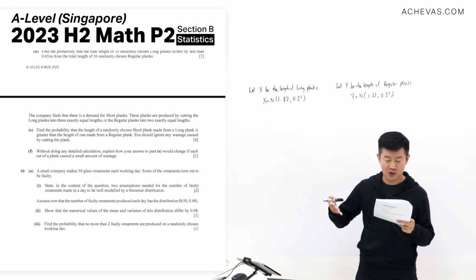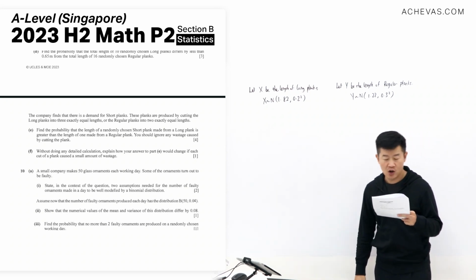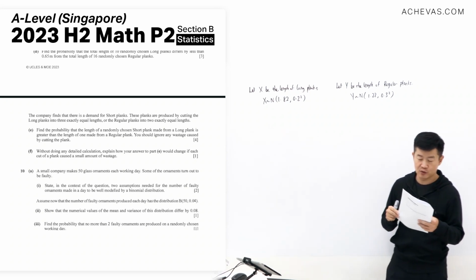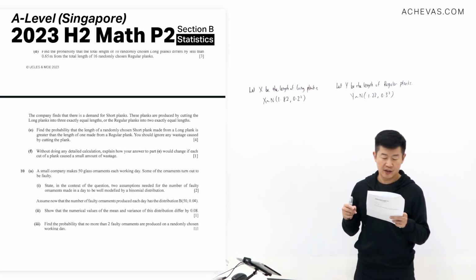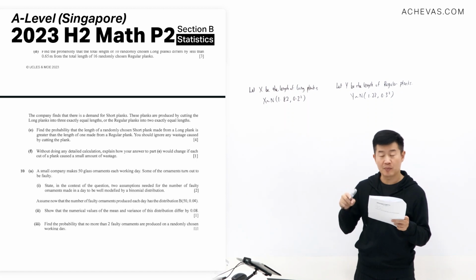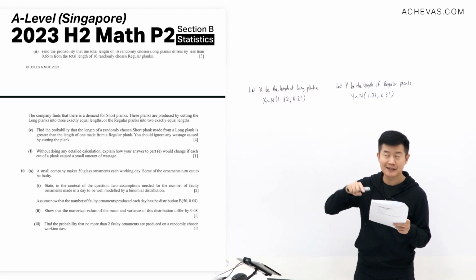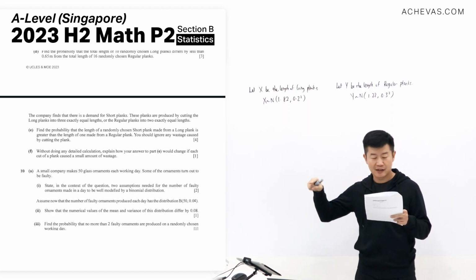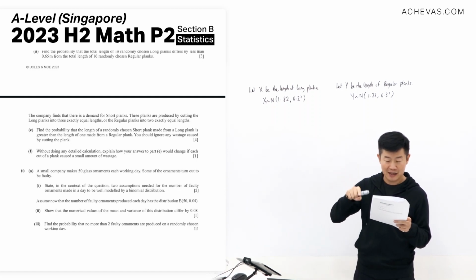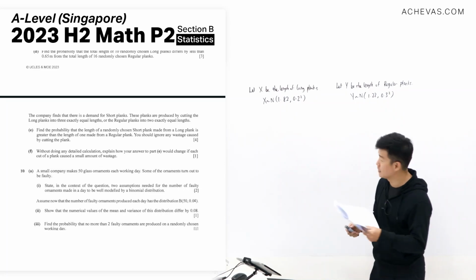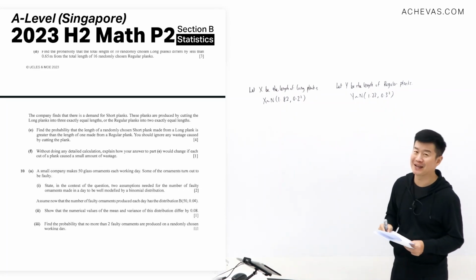These short planks are going to be obtained by either cutting the long planks into 3 exactly equal lengths or cutting the regular planks into 2 exactly equal lengths. We want to find the probability that the length of the short planks derived from the long planks is greater than the length of the short planks derived from the regular planks, assuming that there's no wastage.